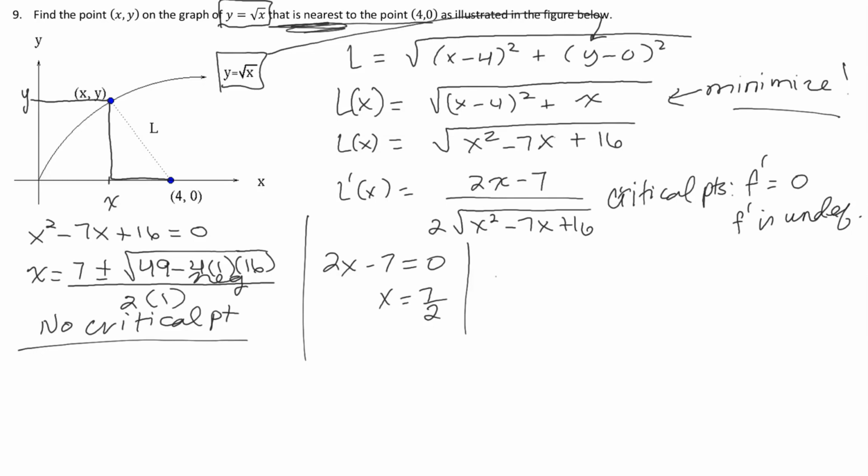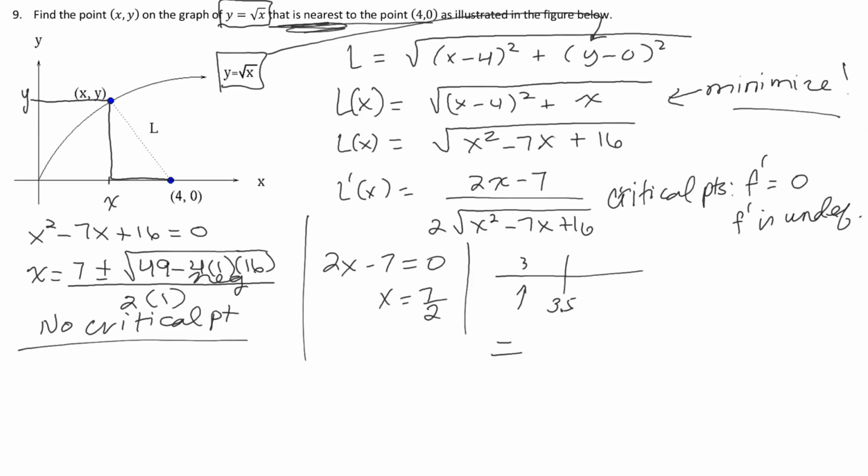To the left of 3.5, let's say take 3. 3 times 2 is 6, minus 7 is negative, so that is negative on the numerator.